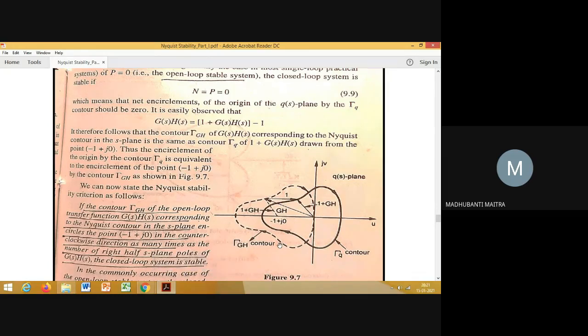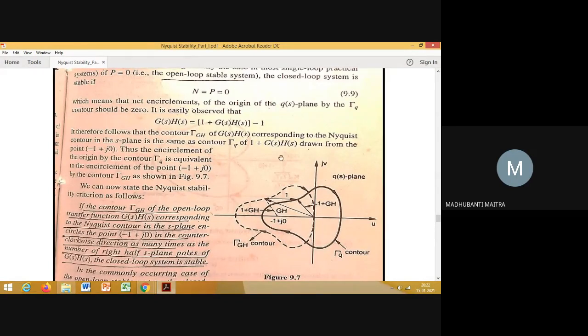Have you understood what I'm saying? We have simply given a translation of this axis by -1. Yes or no? So the plane that we get is said to be the GH plane.